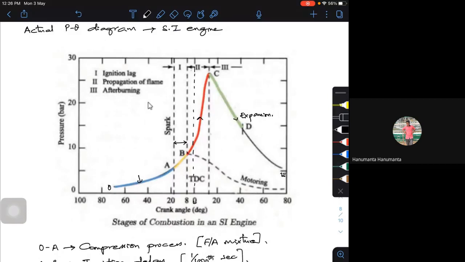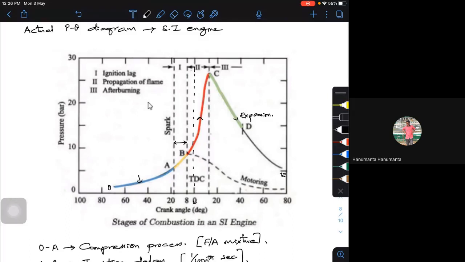Because of ignition delay, I will try to end my compression process much before TDC, maybe roughly 6 to 8 degrees, or 10 to 12 degrees, depending upon the type of engine. There is no fixed number. So there is a gap. 6 to 8 degrees, or 10 to 15 degrees before TDC, your compression will start.